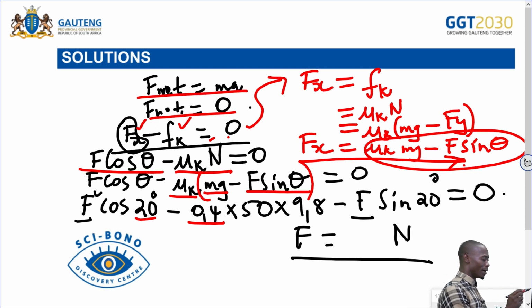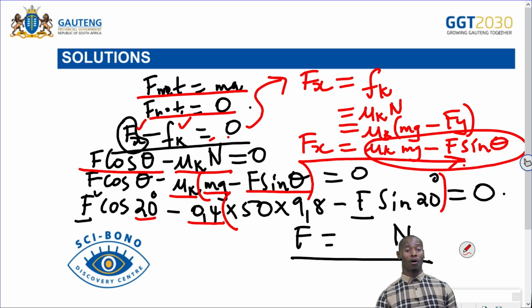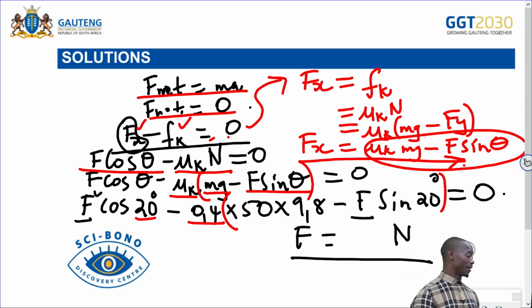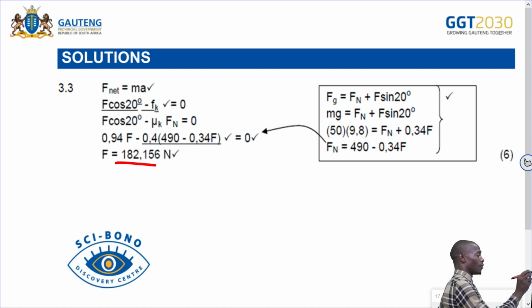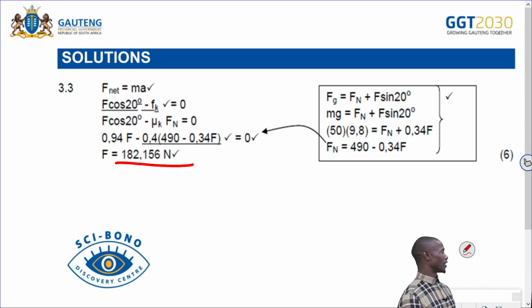So you'll multiply this coefficient, so it will be 0.4 times 50 times 9.8 minus F sine 20 degrees. Then from there, find the magnitude of F. And the magnitude of F here is 182.156 newtons.